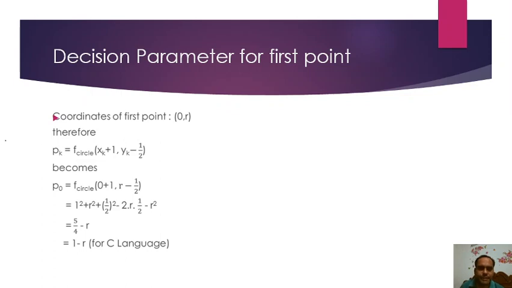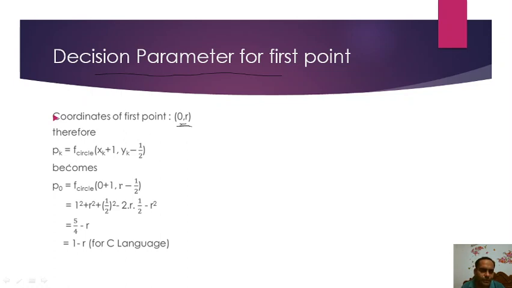So the decision parameter for the very first point can be calculated using this information. As we know, the coordinates of the first point are 0 and r.